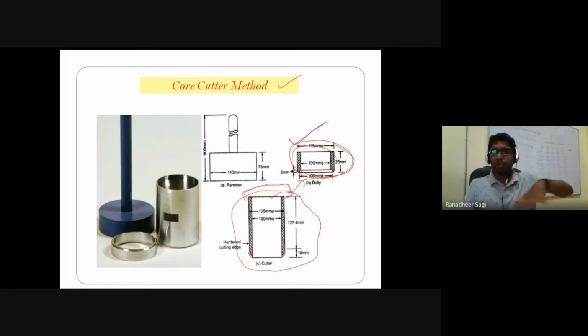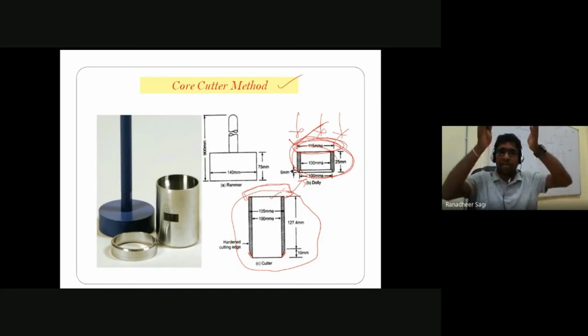Dolly is nothing but a protective cover, a kind of cap or lid. On top of this lid we will be hitting with the hammer. Once we start hitting the dolly with the hammer, the dolly in turn pushes the hollow cylindrical mold into the deeper layers of the ground.